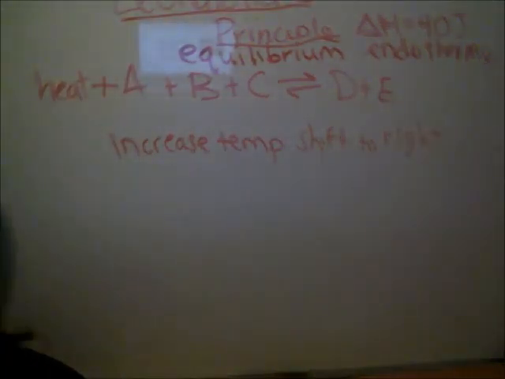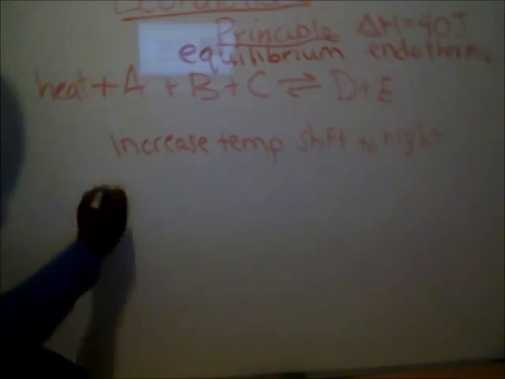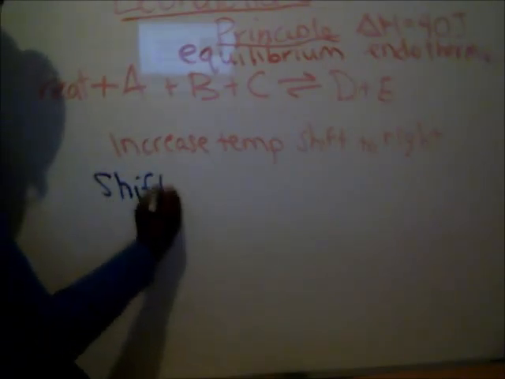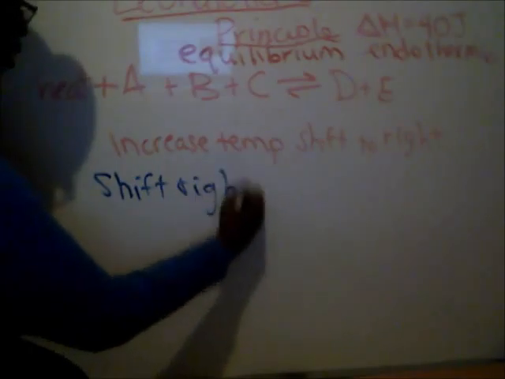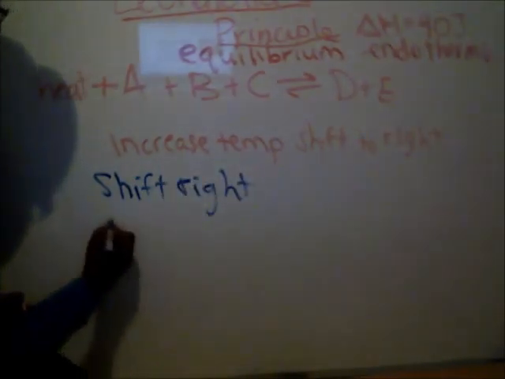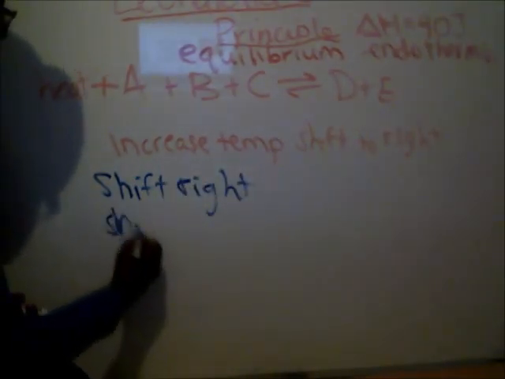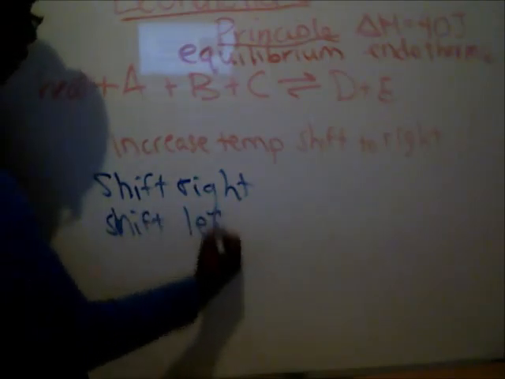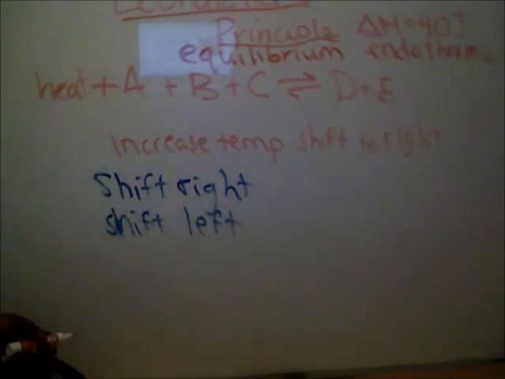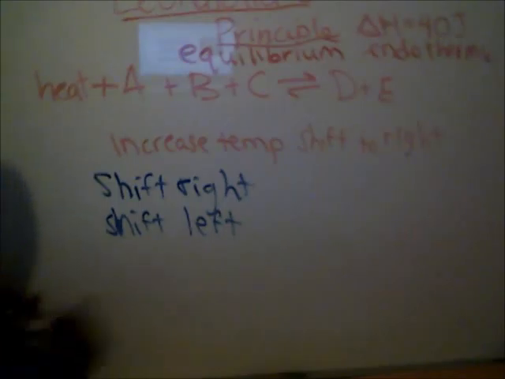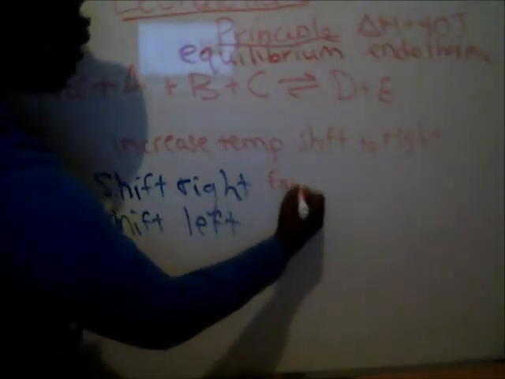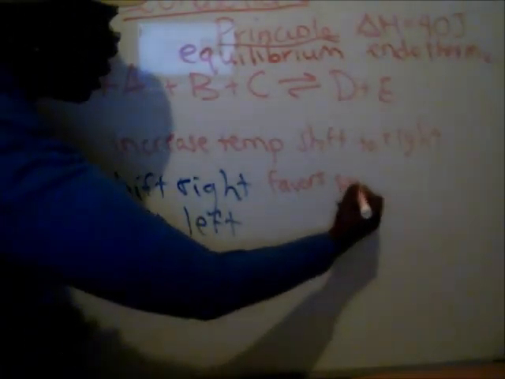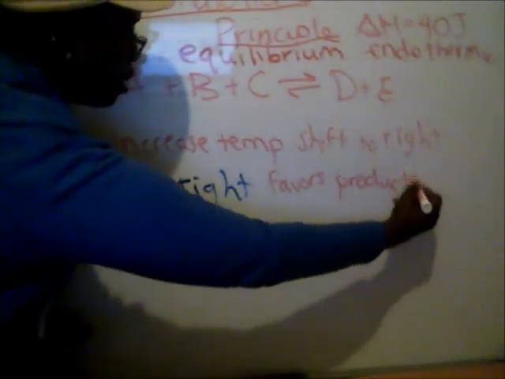Okay? So the last thing that I want to review: depending on the scenario, you have to shift right versus shift left, and we have one other way that we can describe these. If we shift to the right, you can also say that it favors the products. Okay?